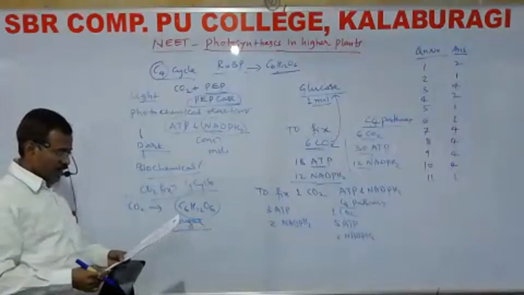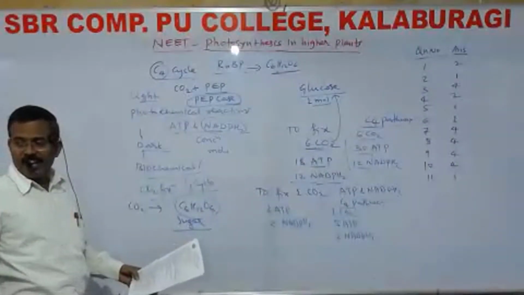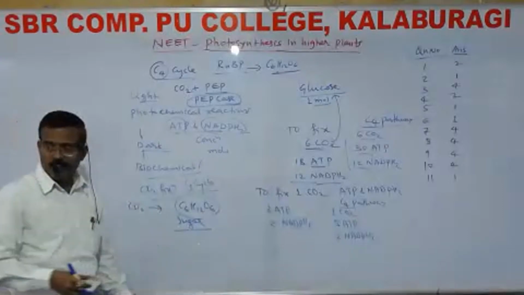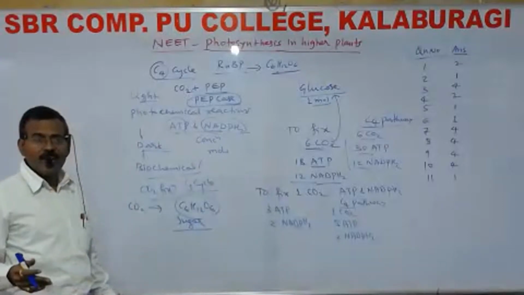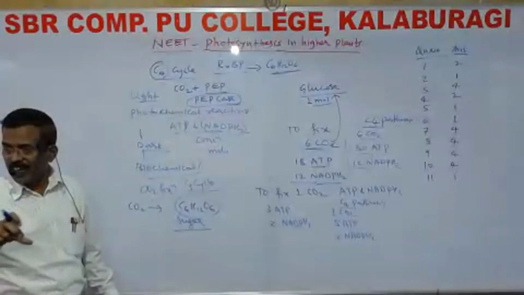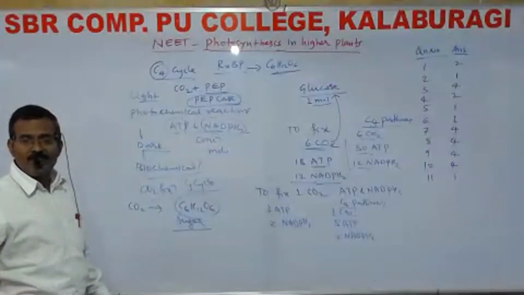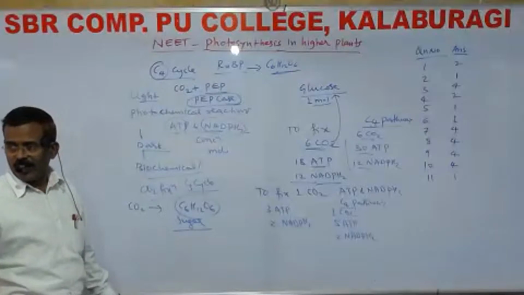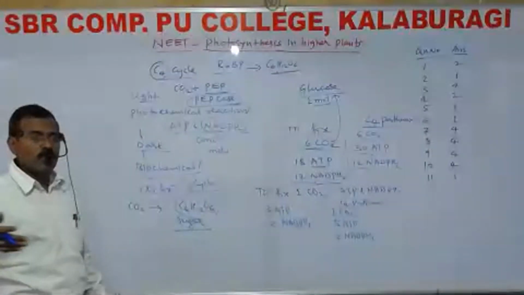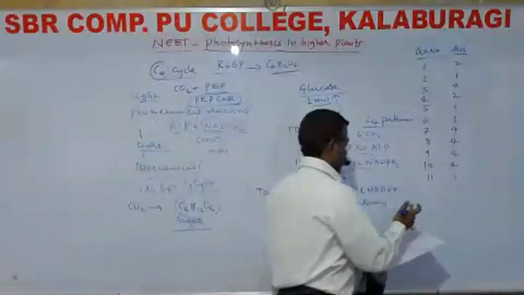So the answer can be the fourth option, organic intermediate. Directly you will not get sugar. In between 3-PGA, 3-PGAL, dihydroxyacetone phosphate, so different intermediate organic compounds are formed. These 3-PGAL and DHAP take part in sugar formation. So the 12th one is the fourth option.